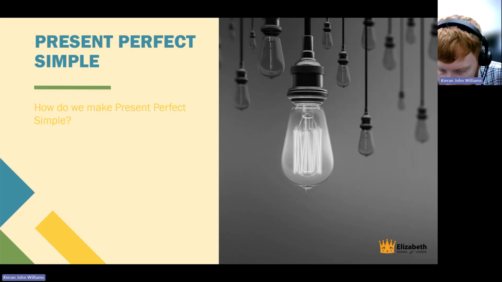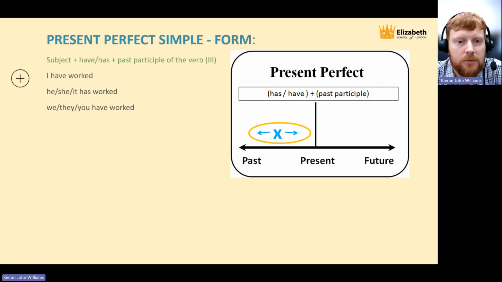So let's start with maybe the easiest part, how we actually make it. Okay, so as you can see here on the screen, what we do is we take the subject, then we use have or has, and then we use the past participle of the verb, which is also known as the third form.